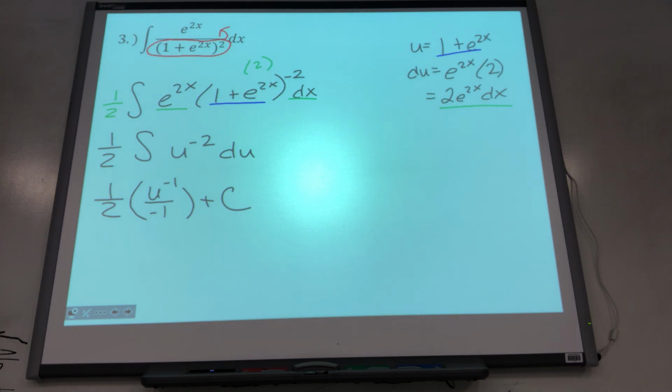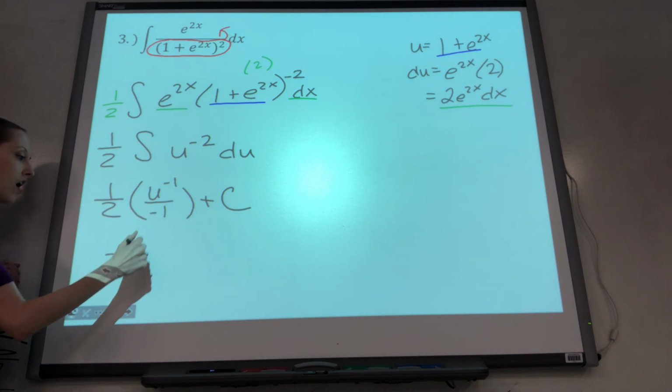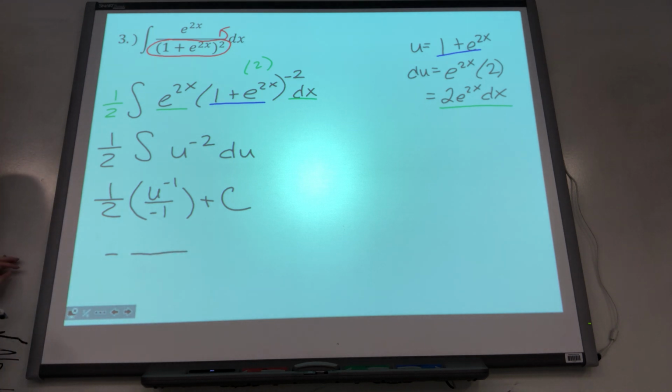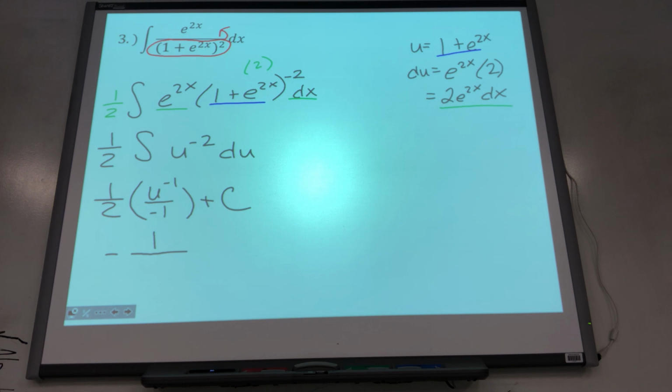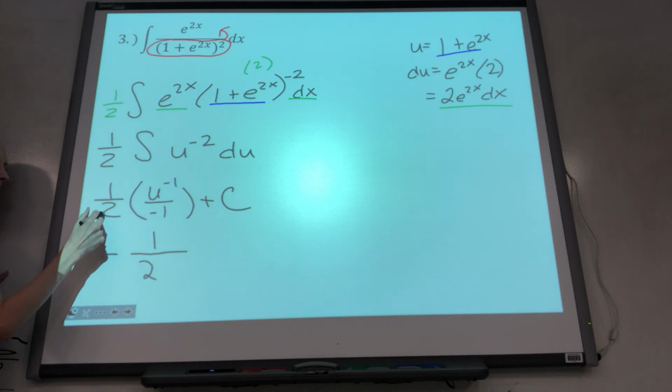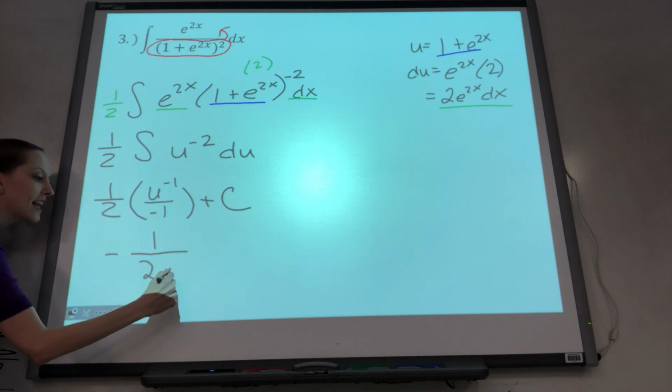Now I should probably make that look better. This negative sign can go out front or on top. Either way is fine with me. The only thing you're going to have on top here is a 1, because the 2 is on bottom, and u to the negative first.